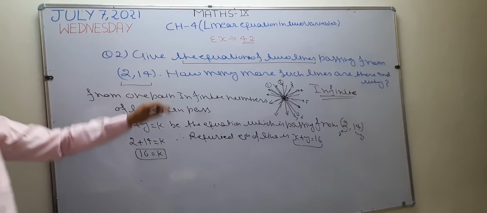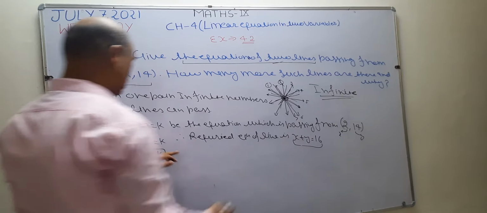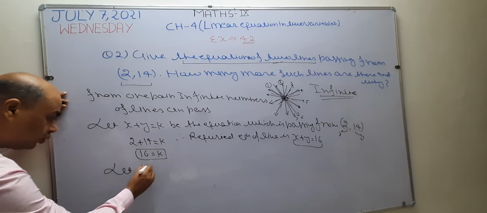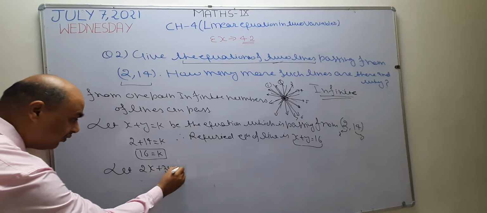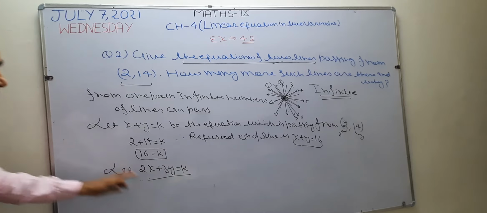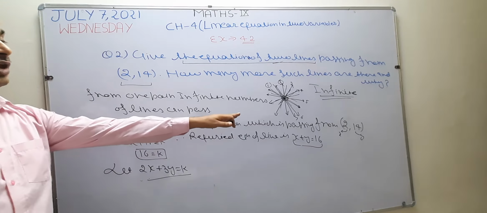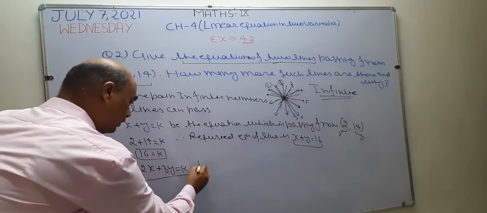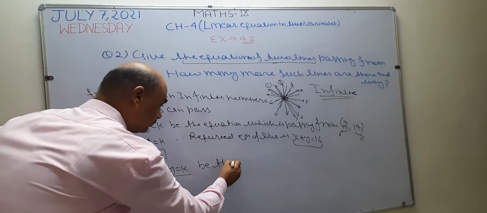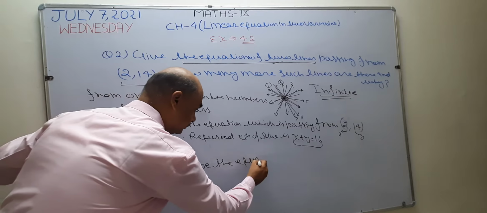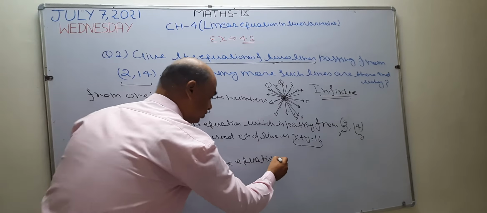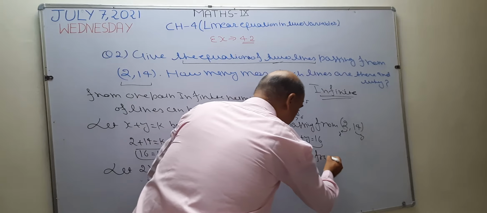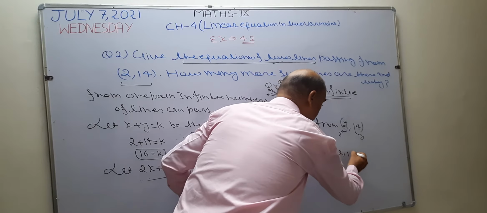In this question we have to find two equations. So write down again, let 2x plus 3y equal to k. I suppose this line is going to pass from the same point. Let 2x plus 3y equal to k be the equation passing from 2 and 14.